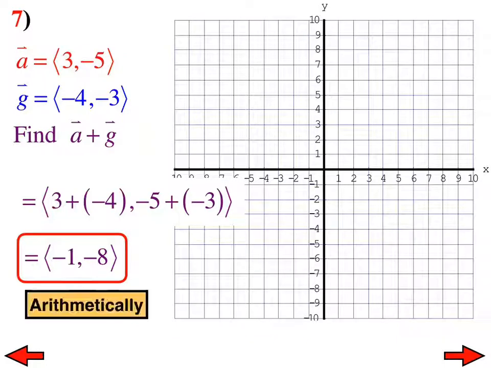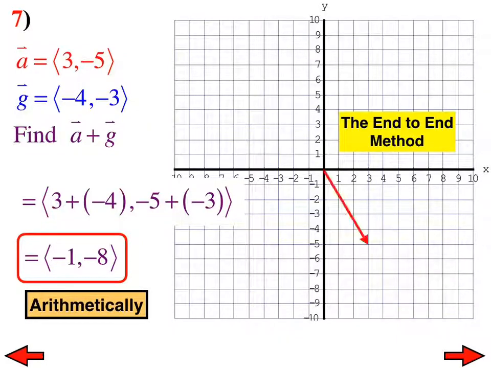And then I'm going to show it graphically, once again starting at the origin. So I go to 3 comma negative 5, which takes vector A to there. And then from there, you're going to go negative 4 in the x direction, negative 3 in the y direction. So technically that means 4 to the left and then 3 down. And that will be the end of vector G. I went 4 to the left and 3 down.